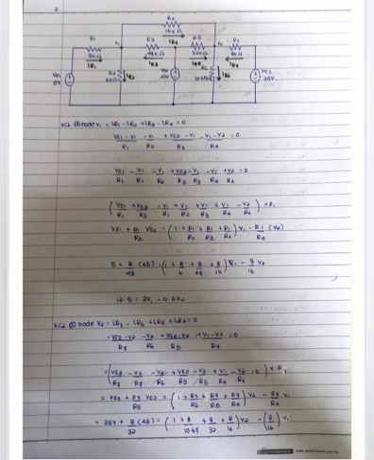So we get voltage S1 minus voltage 1 over resistance 1 plus voltage S2 minus voltage 1 over resistance 3 equal to voltage 1 over resistance 2 plus voltage 1 minus voltage 2 over resistance 4.